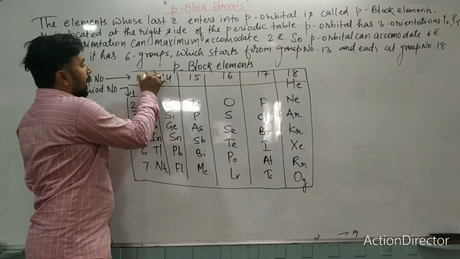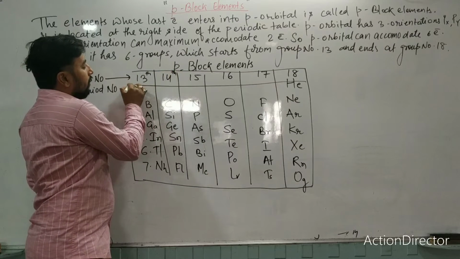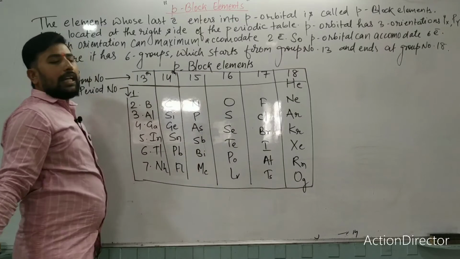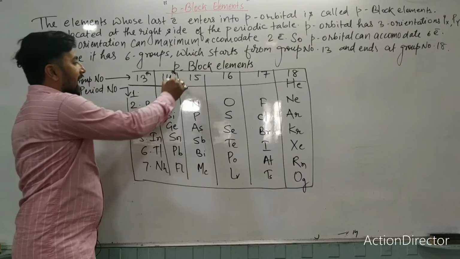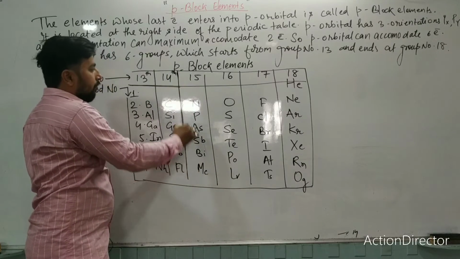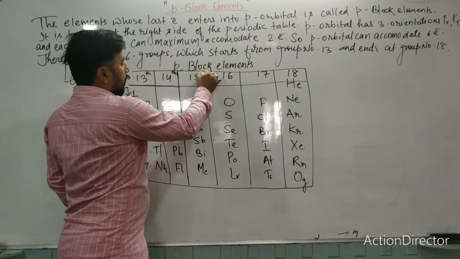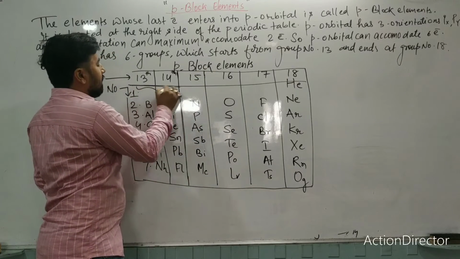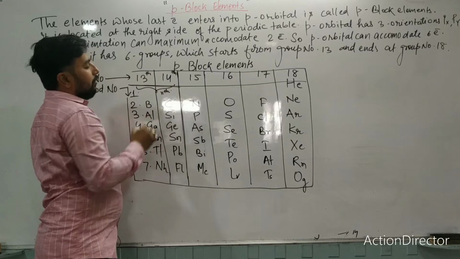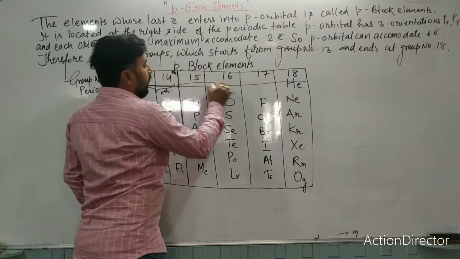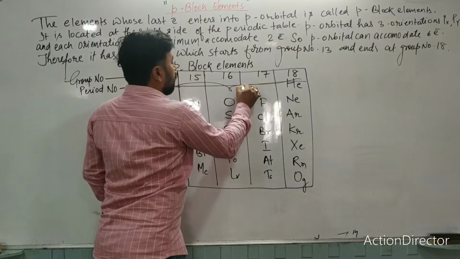The 13th and 14th group elements we have studied in 11th standard, and in 12th standard we will discuss from group number 15 to group number 18. These two groups are of the 11th standard syllabus, and from group number 15 to group number 18 is of the 12th standard syllabus.